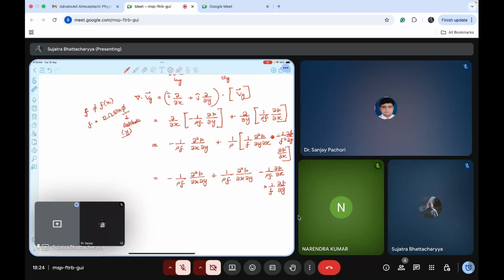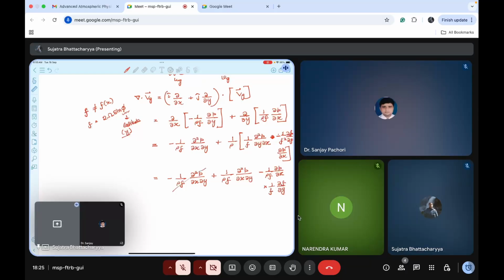Just look into this expression, this is important. The mixed derivatives, that is del square p upon del x del y and del square p upon del x del y, easily get cancelled. The only thing left is minus 1 by rho f delta p delta x multiplied by 1 by f delta f delta y.